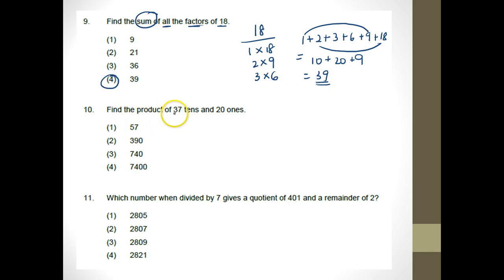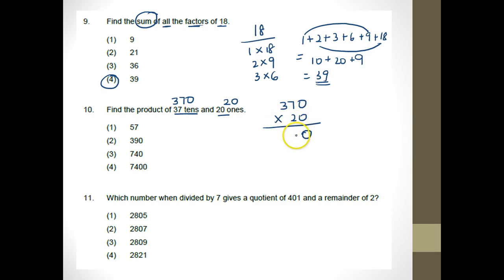Question 10. Find the product of 37 tens and 20 ones. 37 tens is 370. 20 ones is 20. So I need to take 370 times 20. We know that when we multiply by 0, any number multiplied by 0 will be 0. So we can straight away take 370 times 2 tens.